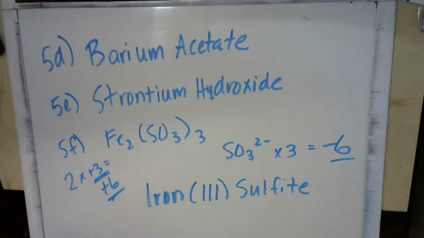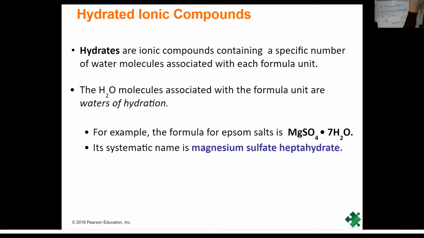Now the last thing we have to look at in terms of ionic compounds are the hydrated compounds. The hydrated compounds are going to work exactly like any other ionic compound. The only difference is that we're going to add the number of water molecules attached to that ionic compound at the end of the formula and at the end of the name.